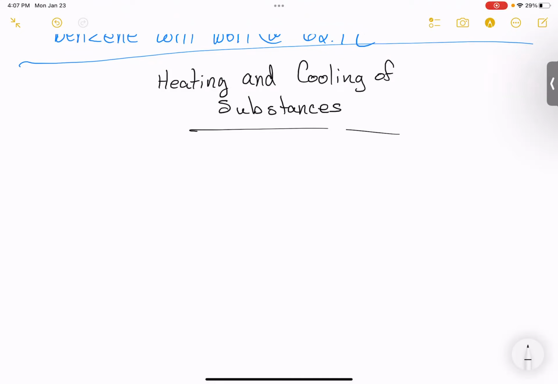Okay. So we know that there are 3 states of matter. You have a solid, you have a liquid, and you have a gas. To go from a solid to a liquid, we've always called that melting.